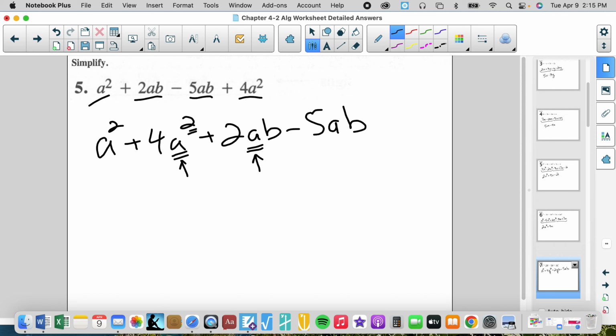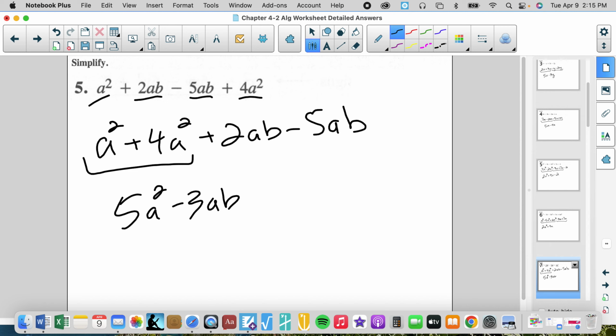Now I have to go to the tiebreaker, which is the exponent. So this is going to come before this. A to the second is always going to come before a to the first. Hopefully that makes sense to you. So these are like terms. We get 5a squared minus 3ab.